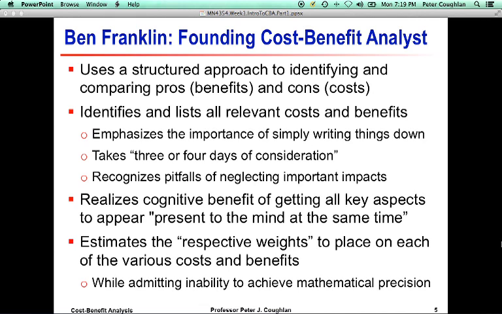So he recognizes, though, that he's got to estimate, to weigh these things, which may be very abstract, but he also admits it's not necessarily going to be achieved with mathematical precision. You're not necessarily going to have to get it exactly right in terms of whether one should be weighted 3 times another, or 3.5 times another, or 2 or 4 times another. But he understands the importance of at least trying to put some weighting on them.